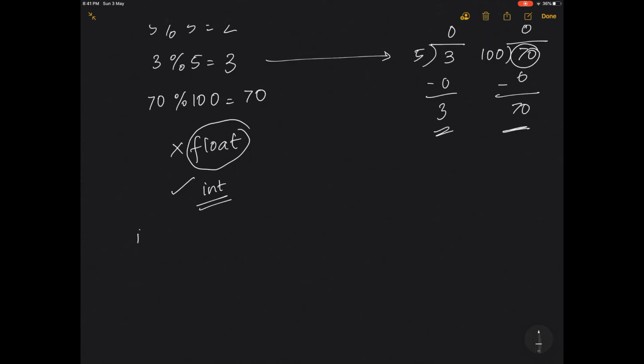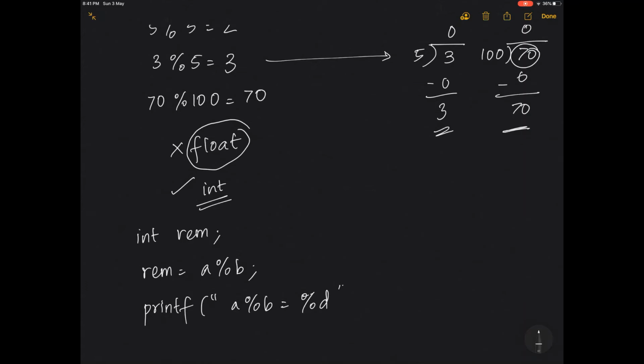So we'll go ahead and put int remainder as the variable. So int rem, and you can write rem is equal to a modulus b, and go ahead and write printf a modulus b is equal to percentage d, always percentage d, and a modulus b.